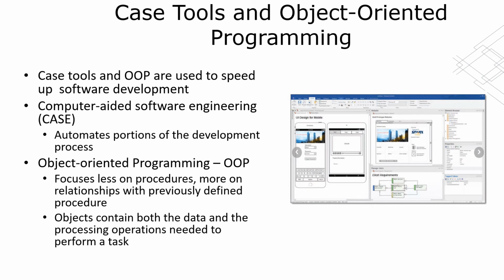Object-oriented programming relies on programming language that focuses less on procedure, more on relationship with previously defined procedure. Objects contain both the data and processing operation needed to perform a task.